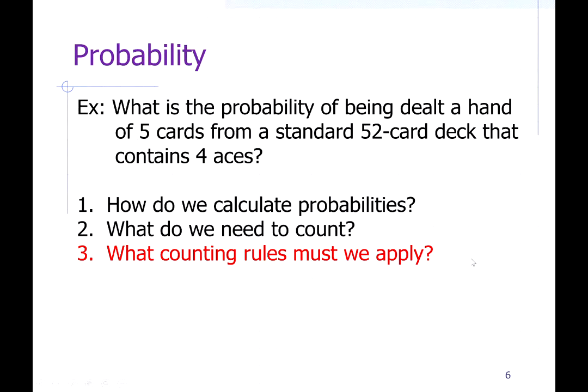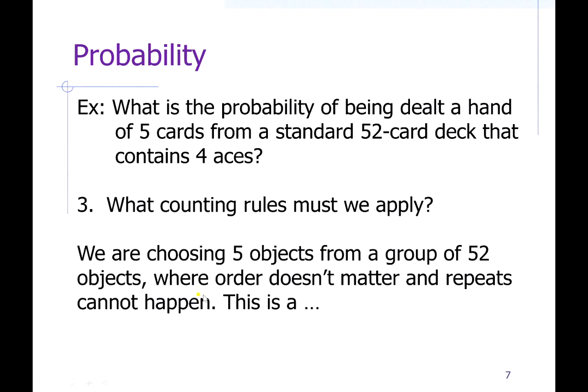And we've already talked about this. The counting rule is the combination rule. So we're choosing 5 objects from a group of 52. Order doesn't matter, and repeats cannot happen. So again, this is a combination, and we have a formula for this.